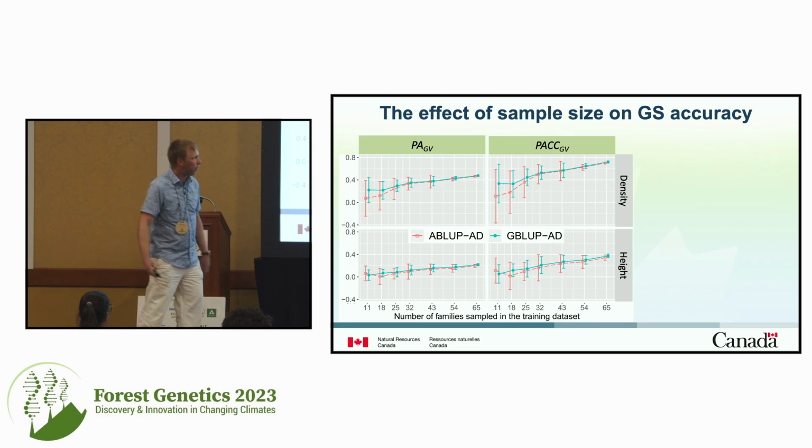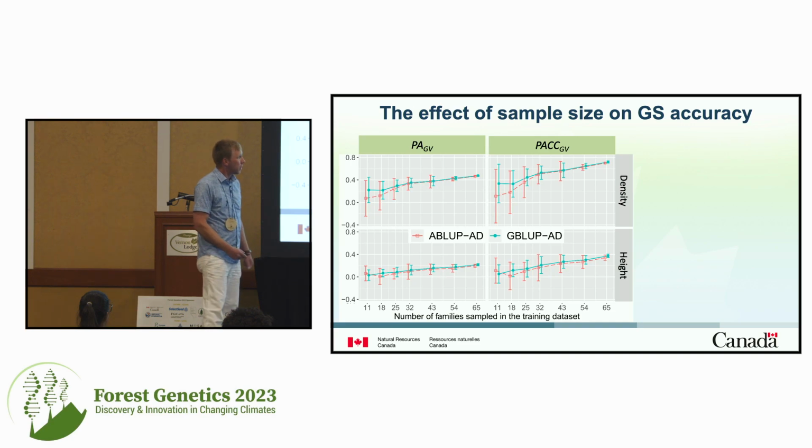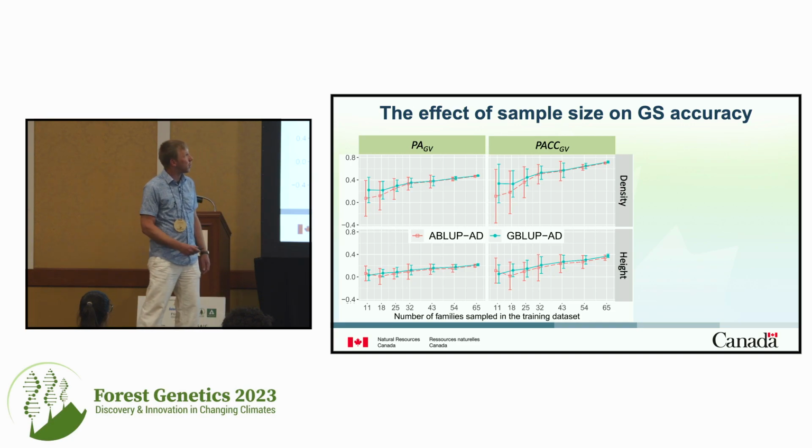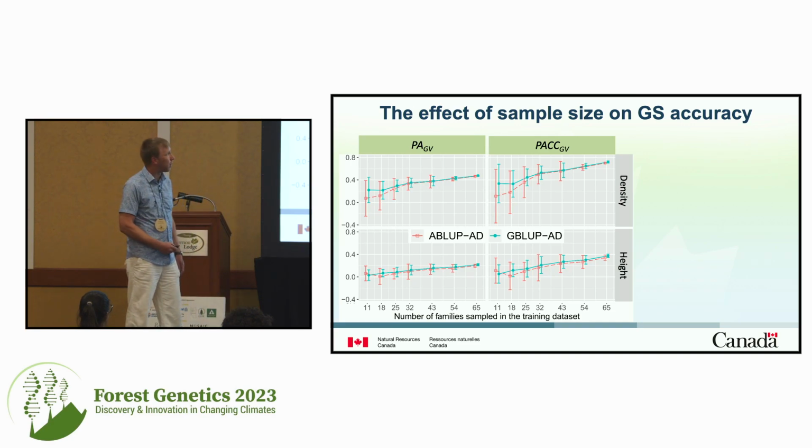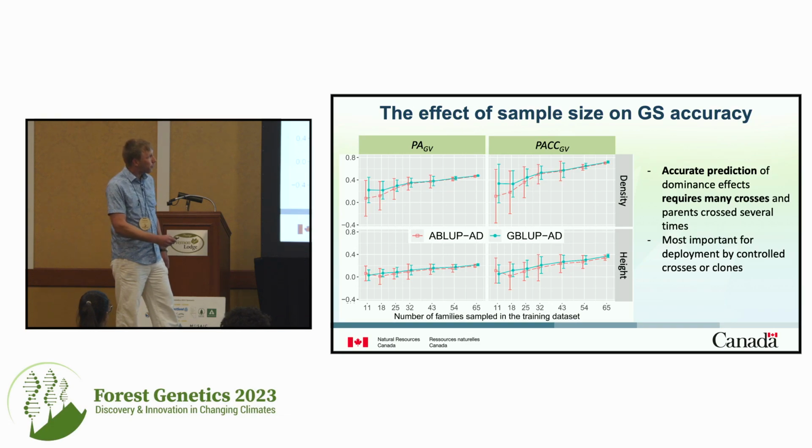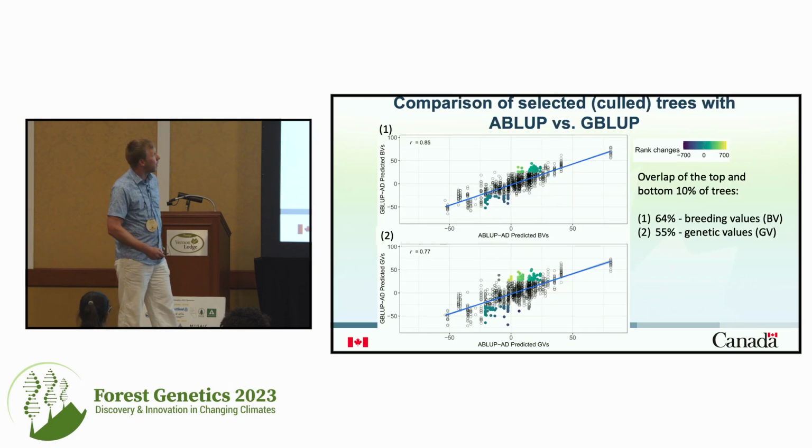So the message is: let's get as many families as we can. So, many crosses, many combinations of parents, to get exact estimates, also for the dominance components.